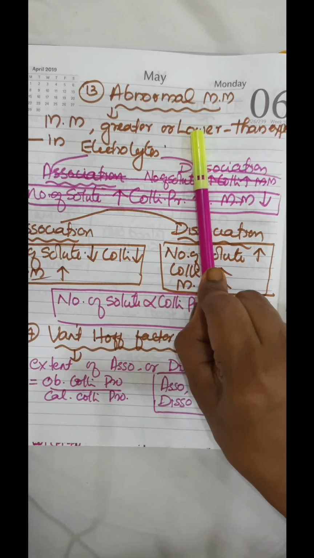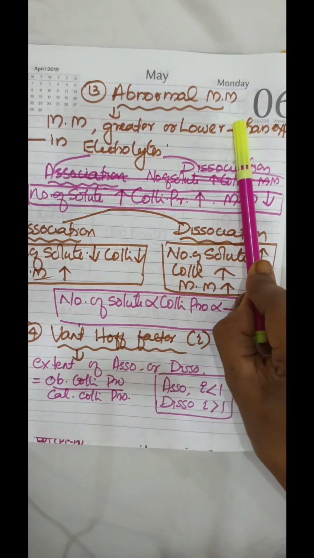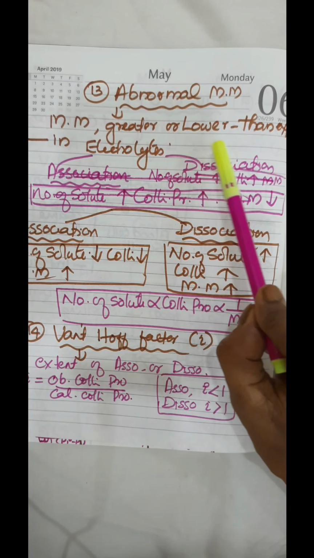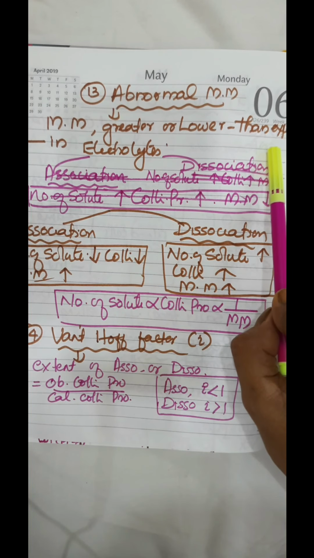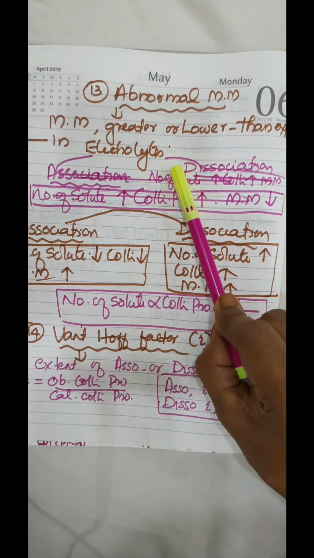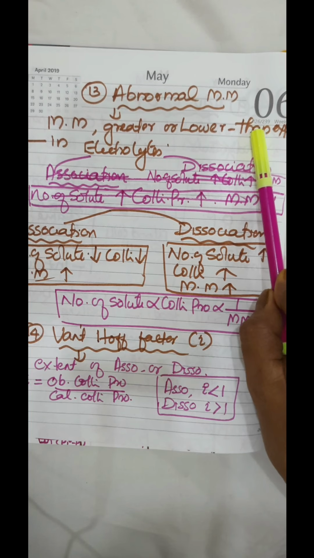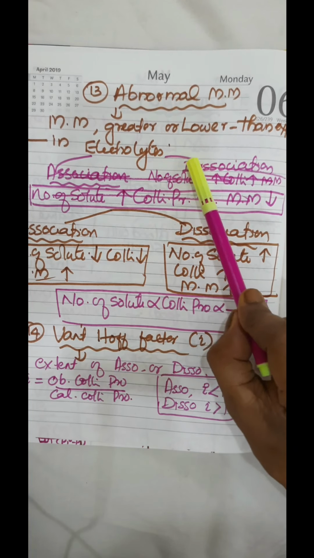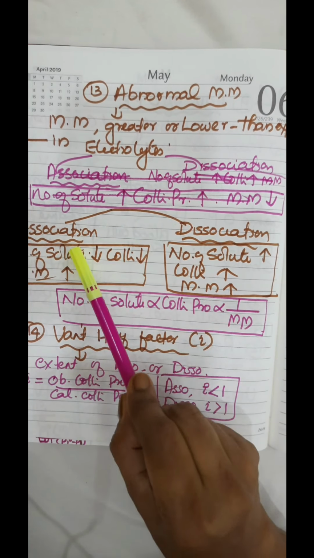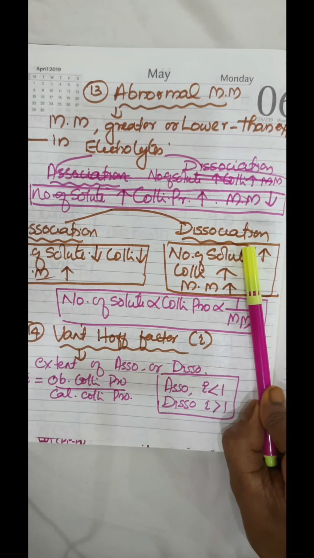Then the 13th topic is abnormal molar mass. Molar mass greater or lower than the expected value in the case of electrolytes is called abnormal molar mass. So abnormal molar mass happens only in the case of electrolytes which undergo association or dissociation.